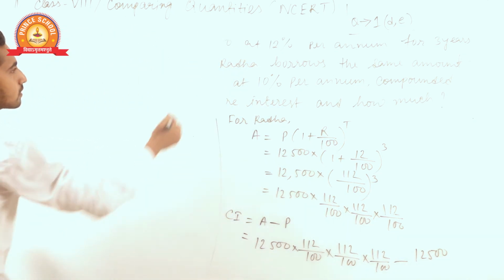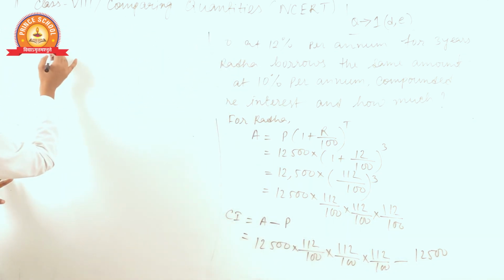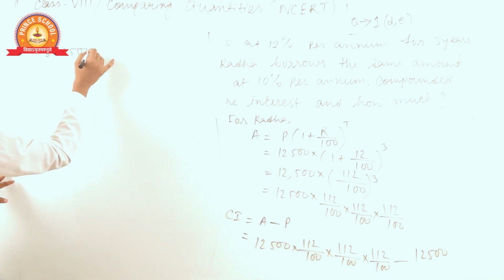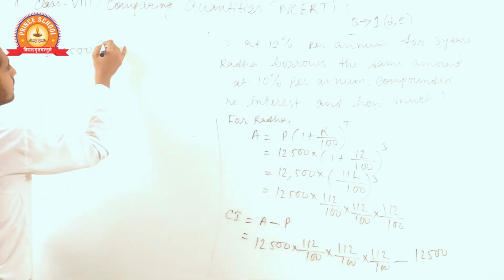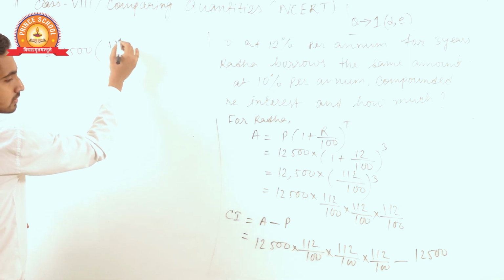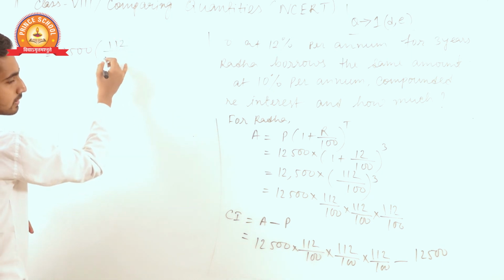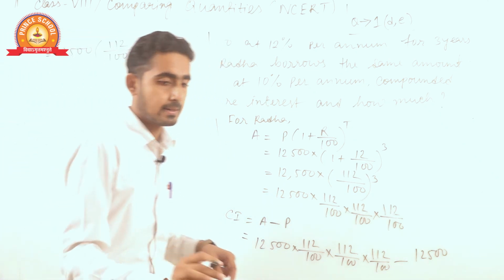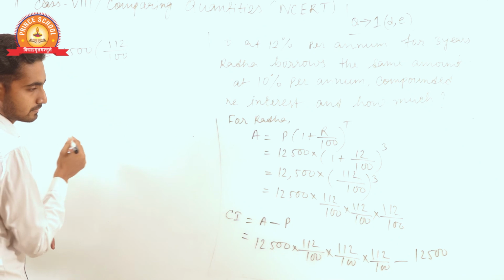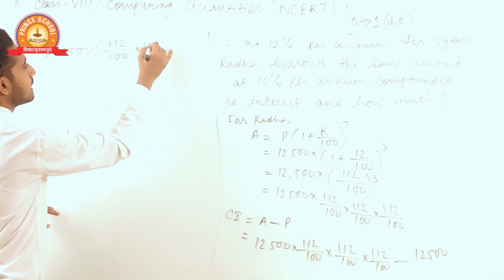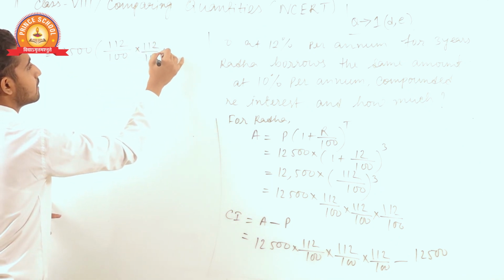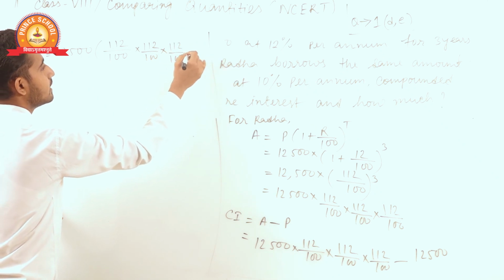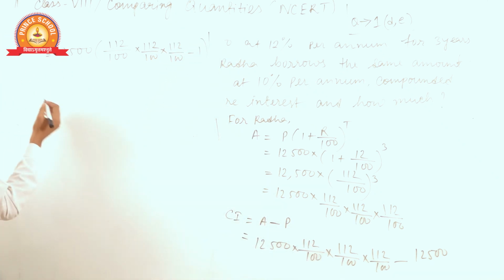If you take 12,500 common, then here 112 upon 100, okay, and that you cancel out after that. Multiply 112 upon 100, multiply 112 upon 100 minus 1. Okay, that is the A, it is answer A minus P.